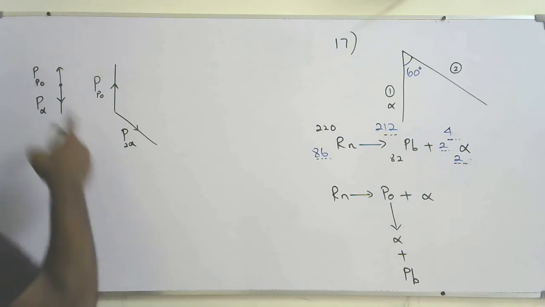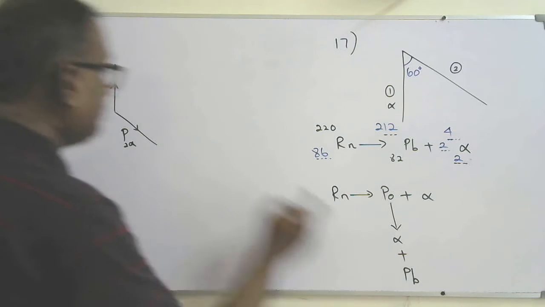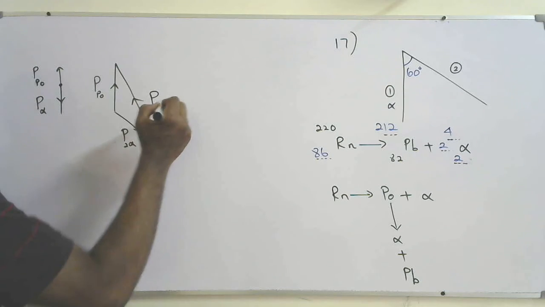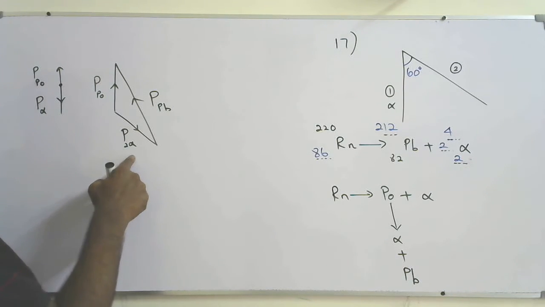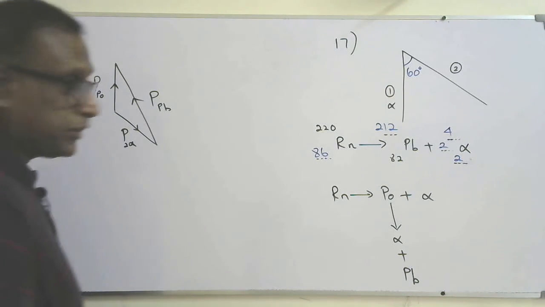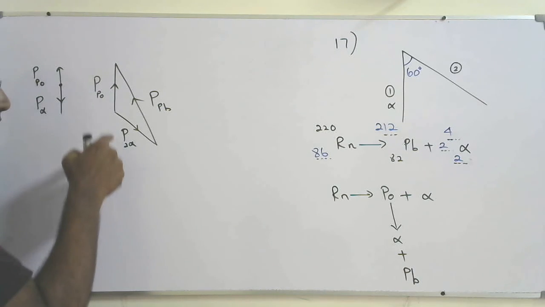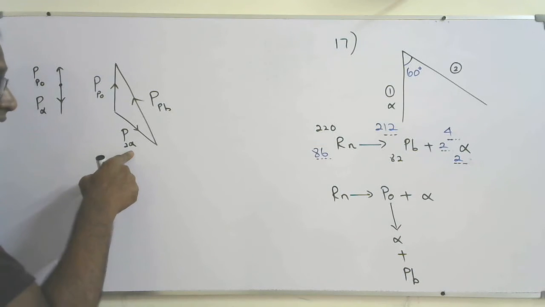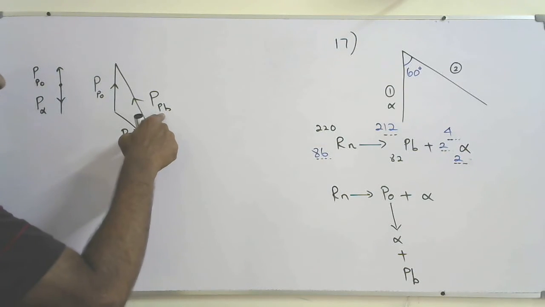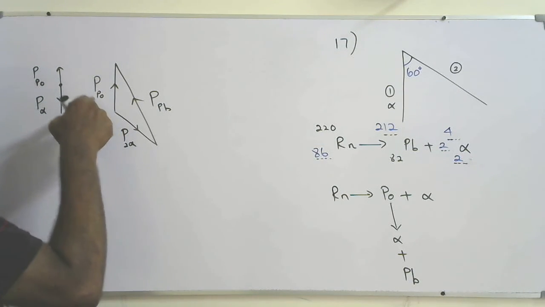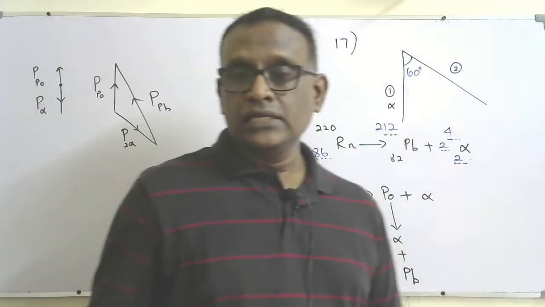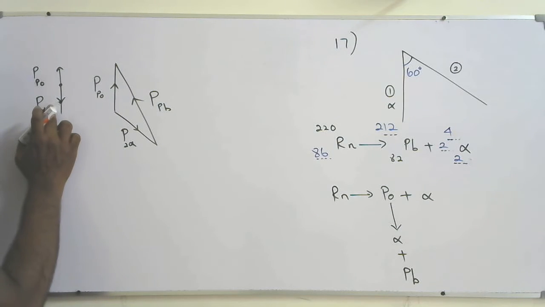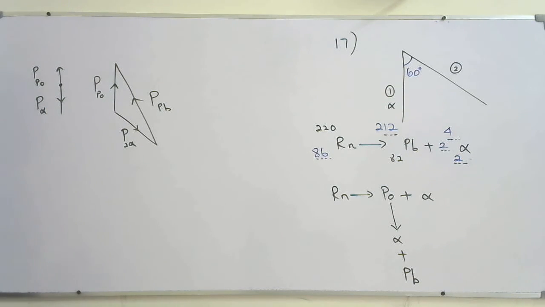And the momentum of the Pb must be this way, because these two should have a resultant equal to the momentum of the polonium, because polonium is decaying into alpha and Pb. So the momentum of the second alpha particle and the momentum of the Pb must be equal to the momentum of the polonium. Right, so the momentum of the polonium is equal to the momentum of the first alpha particle.